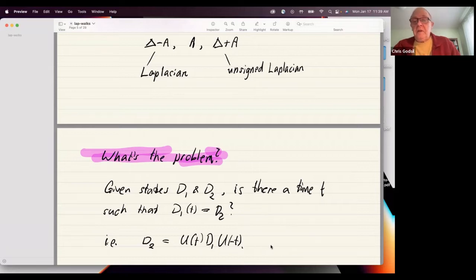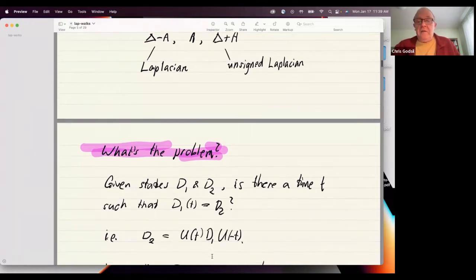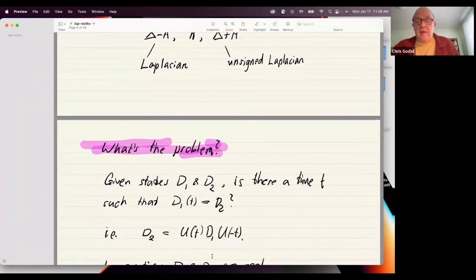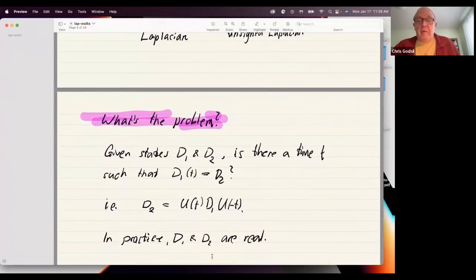From this point of view, it's actually a fairly simple question mathematically. You've got a family of unitary matrices we define by exponentials. That's not too bad, and you're asking this question. So it's a question about the unitary group in some sense. The other comment I want to make here, and it's important as you'll see in a second, is that in practice, the states that the physicists want to use are real.